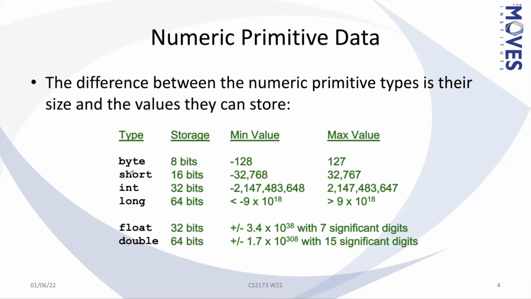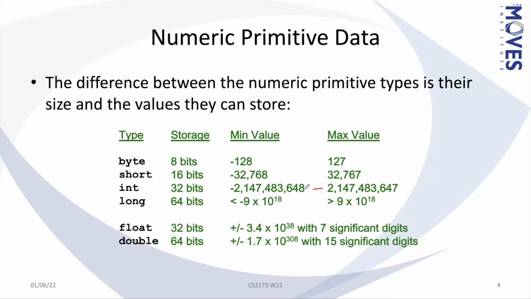That's why things like shorts and floats were hanging around. The thing to understand, though, are these min and max values. So in particular, we'll be using ints and longs for representing integers, and these are the possible values that they have.